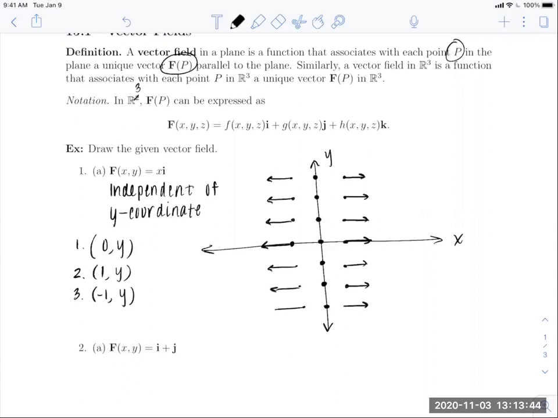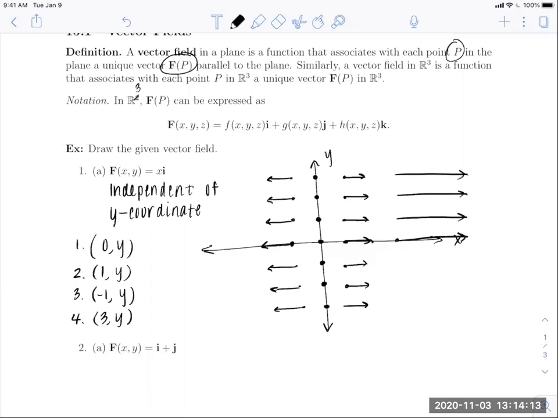Now, we could play this game for an eternity. We could plug in a bunch of different points, but I'll also plug in, for example, x equals 3, and y values 1, 2, 3. These are going to output 3 i hat, so they are vectors of length 3 pointing in the positive i hat direction.